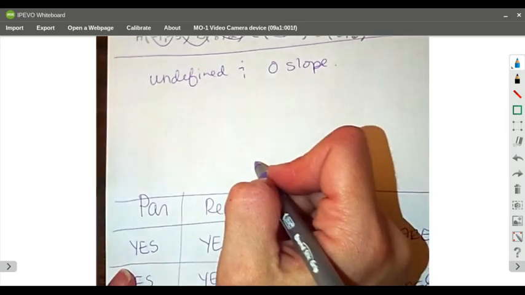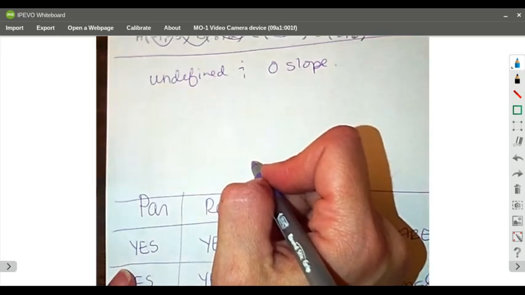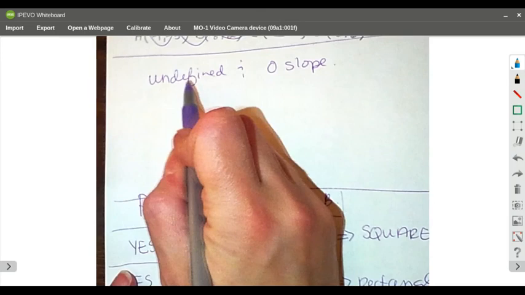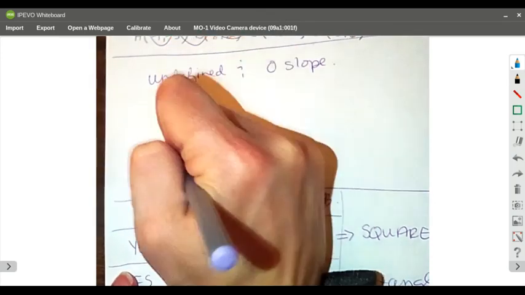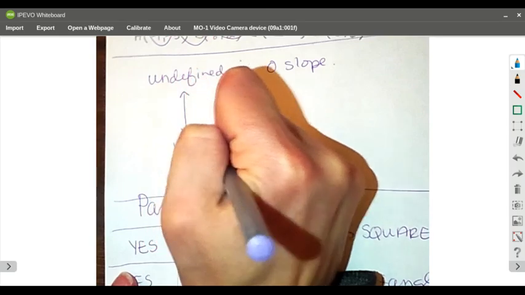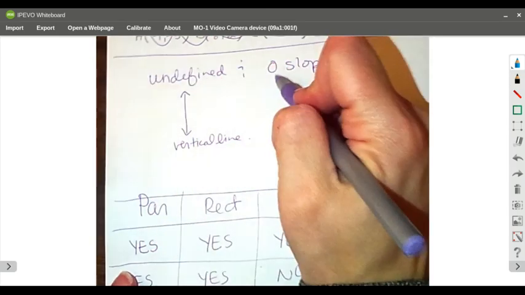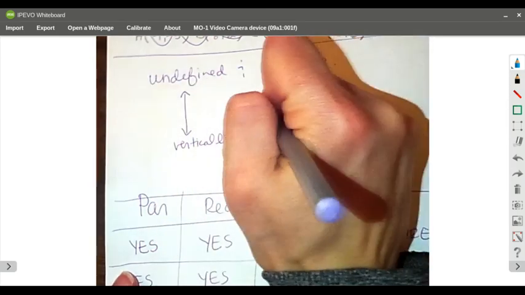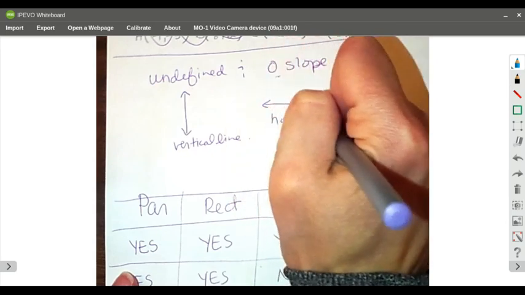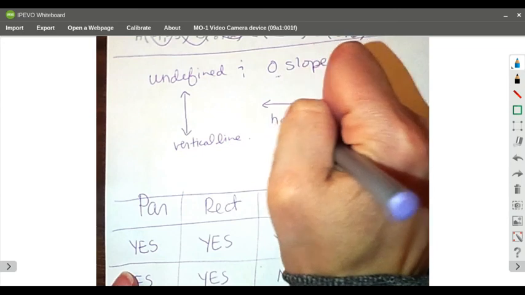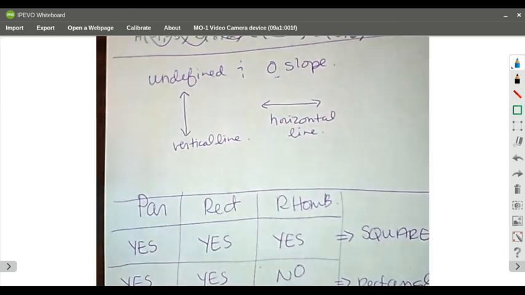So you may remember from Algebra 1 or pre-algebra that an undefined slope is a vertical line. A line that has a slope of 0 is a horizontal line. Now, any vertical line is going to be perpendicular to a horizontal line, right?